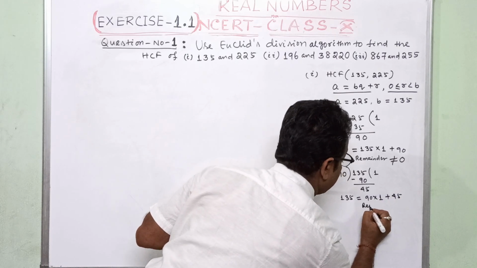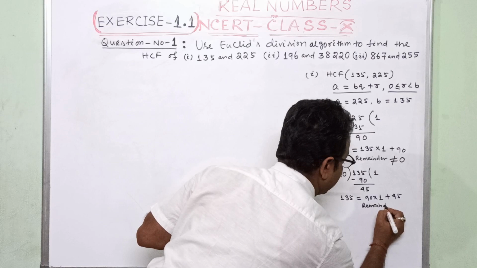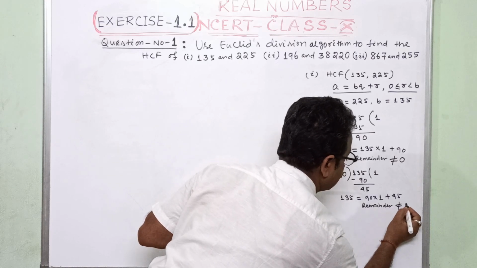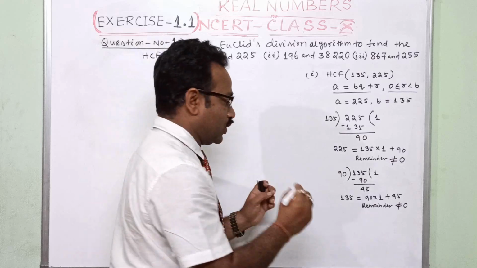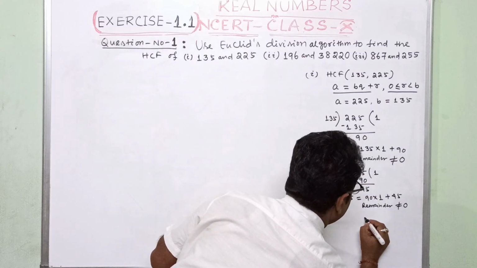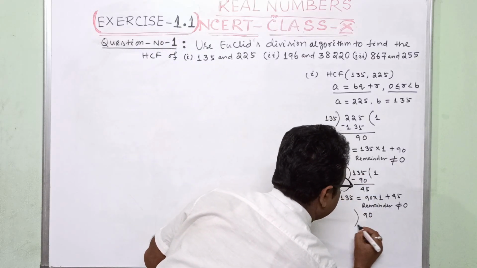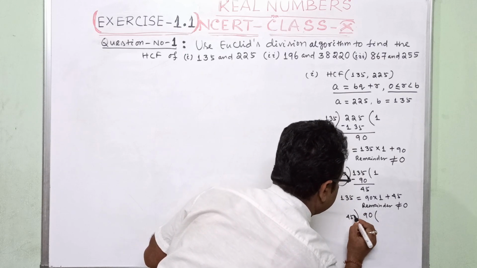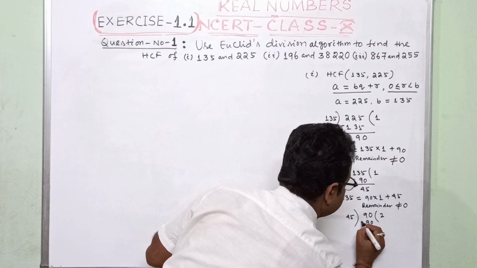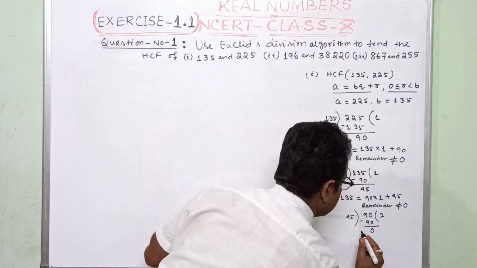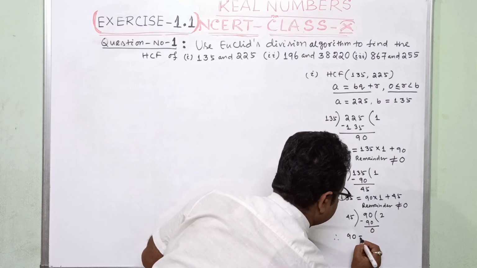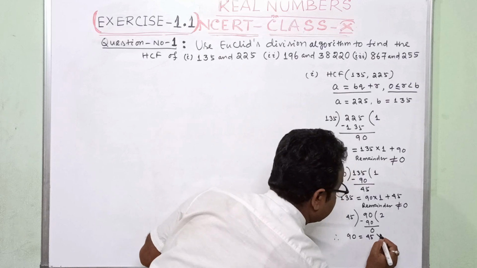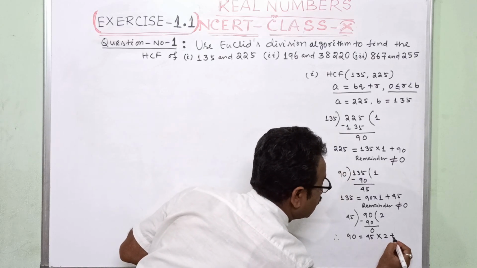The remainder is not equal to 0. Again we will divide until we get remainder 0. Now 90 divided by 45 is 2, 90 minus 90 is 0. Therefore 90 = 45 × 2 + 0.